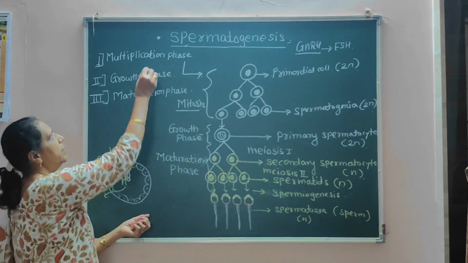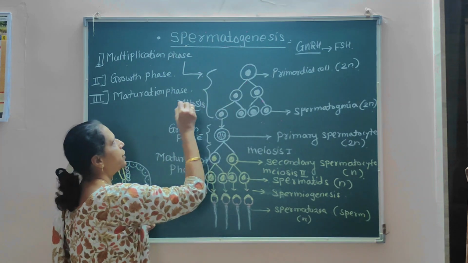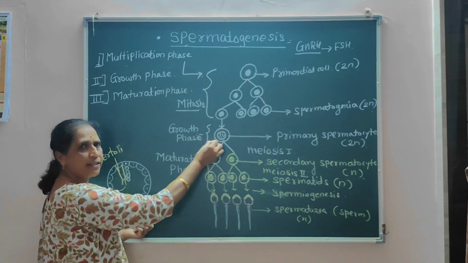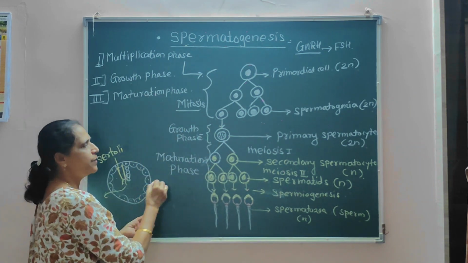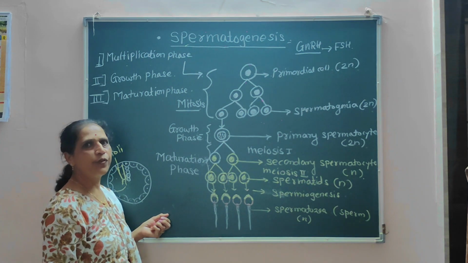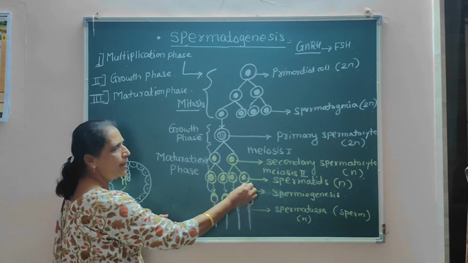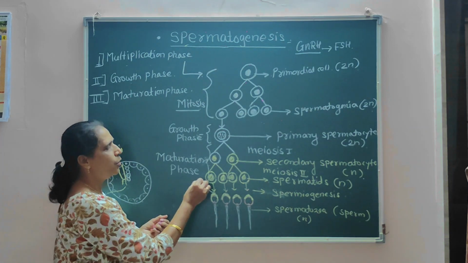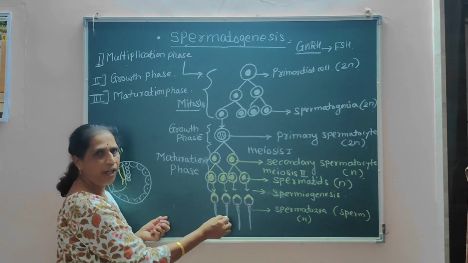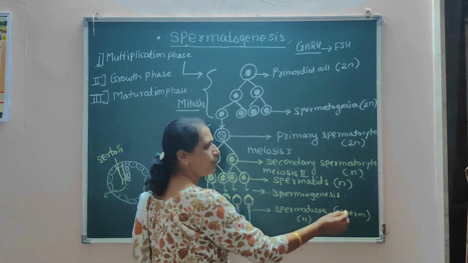It involves 3 important steps: multiplication, that is mitotic divisions; growth phase, meaning accumulation of food and increase in size; maturation phase, meaning 2 meiotic divisions, meiosis first and meiosis second. In the maturation phase, spermatids are formed which are non-functional and non-motile, and they convert into motile and functional structures called spermatozoa or sperm.